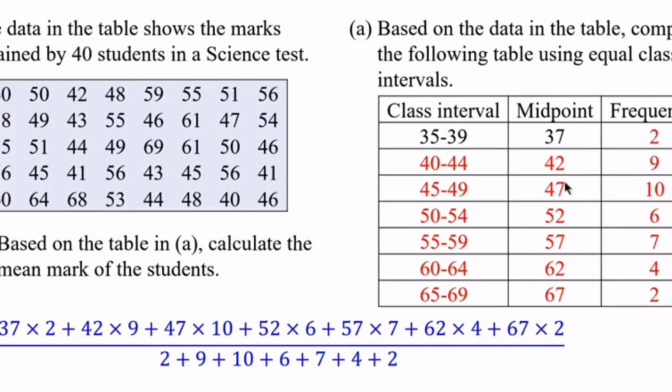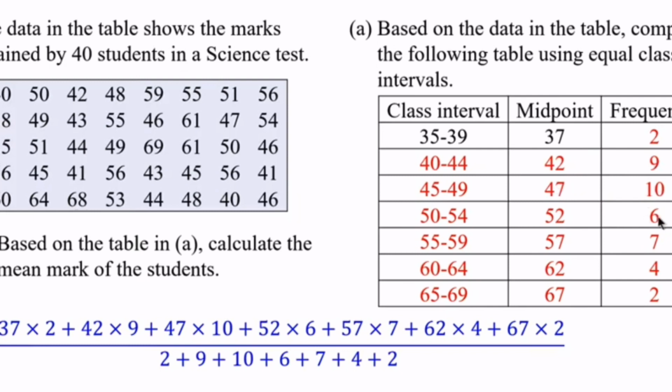And then 52 times 6, and also 57 times 7, and the midpoint for the next class interval is 62, times 4, and finally 67 times 2.